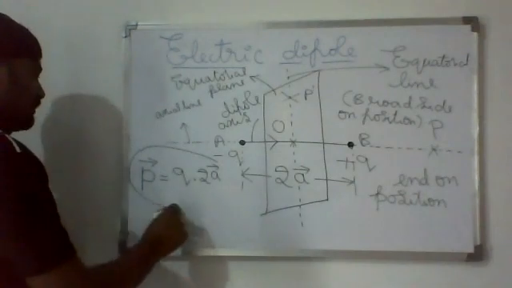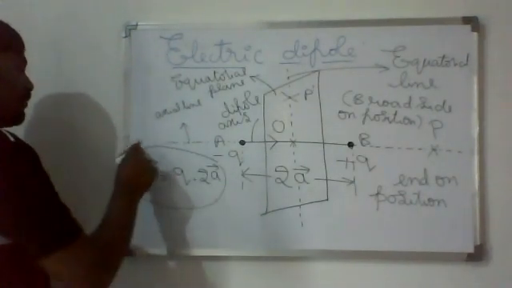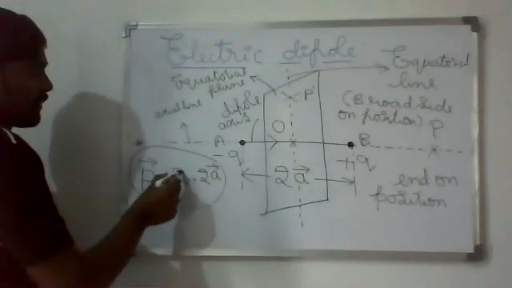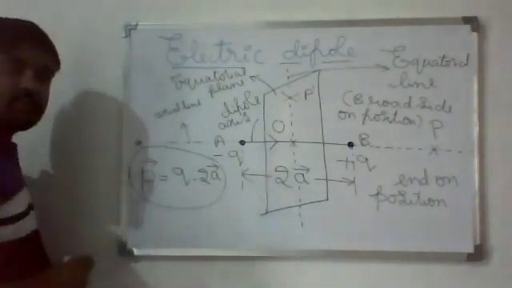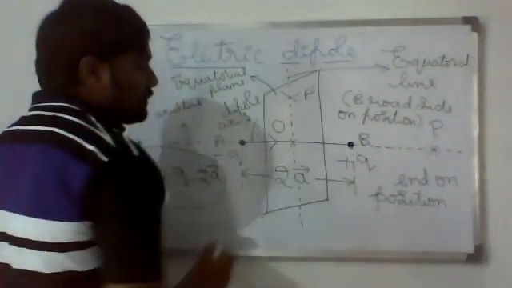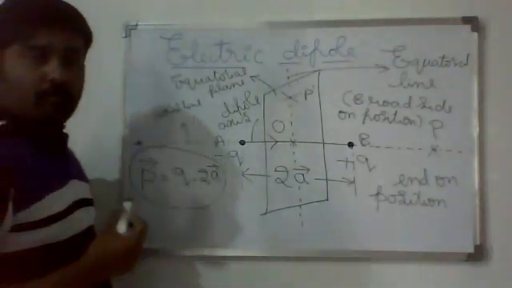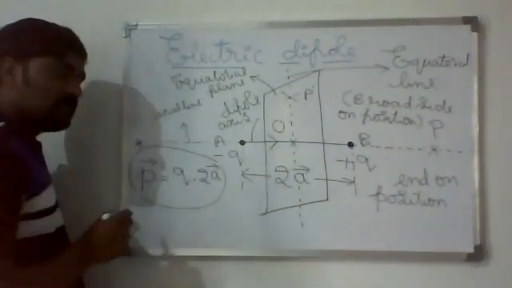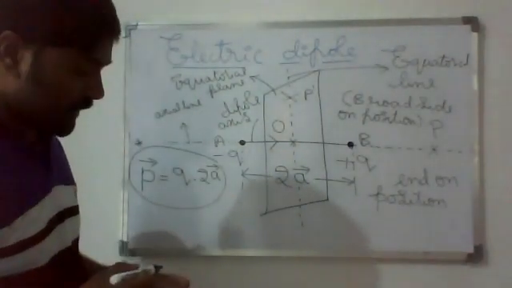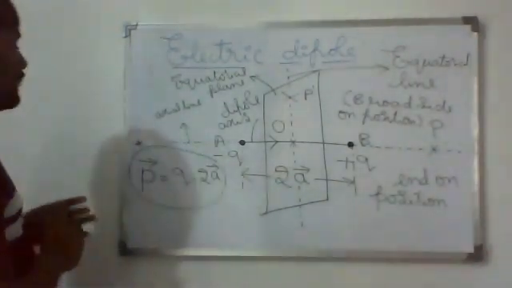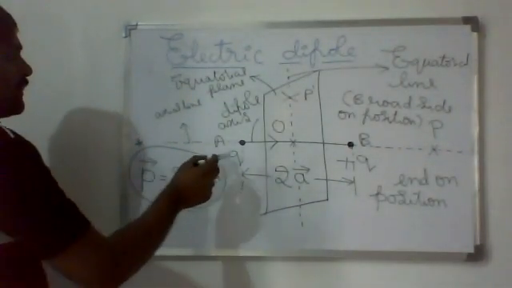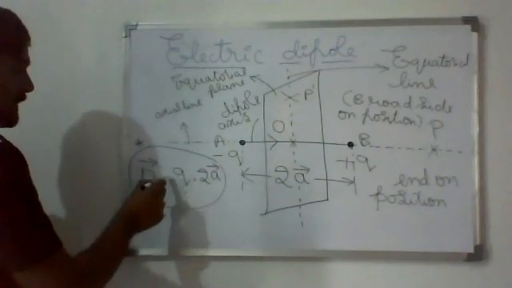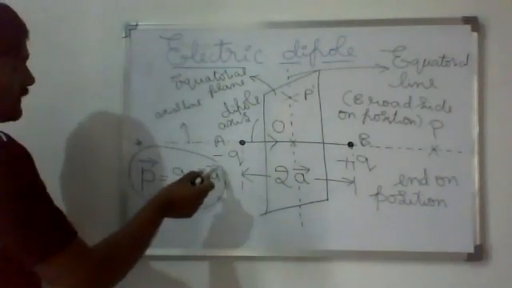Electric dipole moment means the product of the magnitude of either charge and the separation between the two equal and opposite point charges, or the dipole length. That is the definition of electric dipole moment.